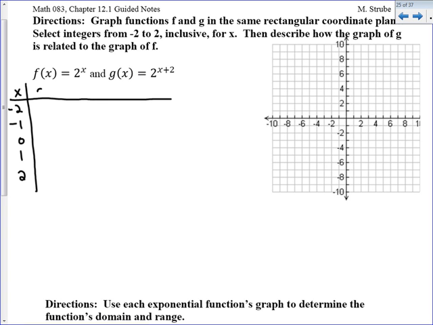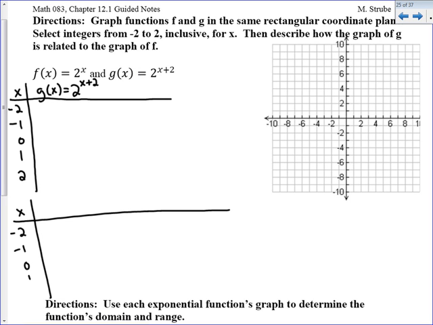And I'm going to start with g of x equals 2 to the x plus 2. Then we're going to need a whole separate table when we want to graph f of x. On your homework, you could certainly start with f of x. I just want to compare g of x to the previous example.